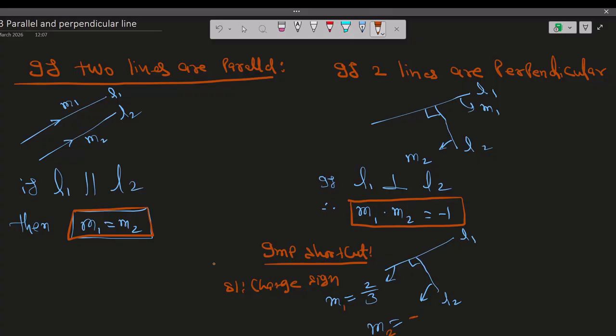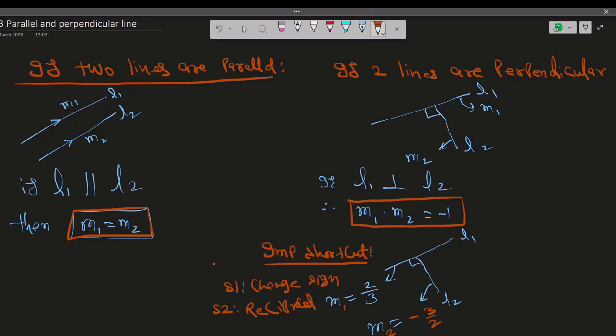Whenever M1 is positive, M2 will be negative, and when M2 is negative, M1 will be positive. Step 2 is do the reciprocal. You know the reciprocal of 2/3 is 3/2, and the reciprocal of 5 is 1/5. So the reciprocal of 2/3 is 3/2 only. So directly, by shortcut, if the gradient is 2/3, the second gradient will be -3/2.